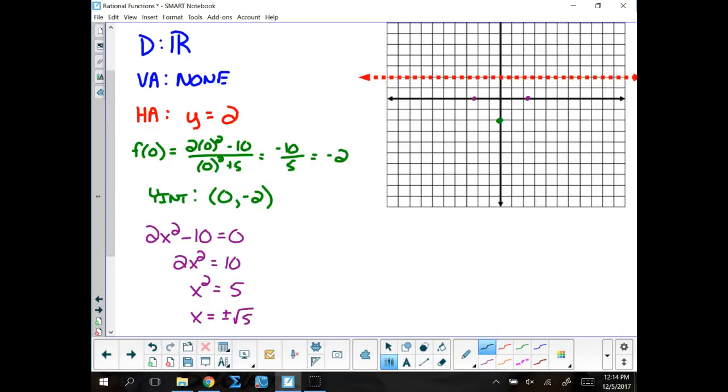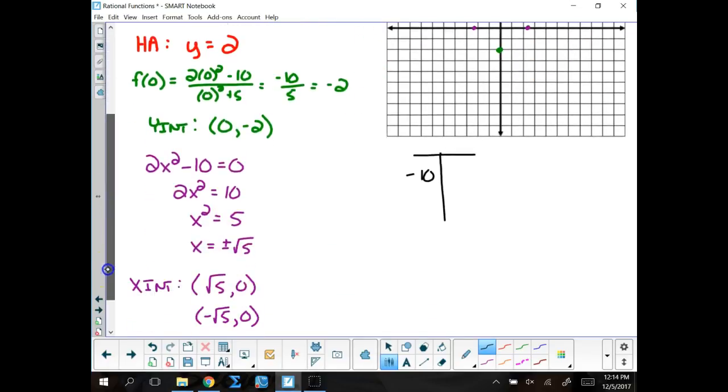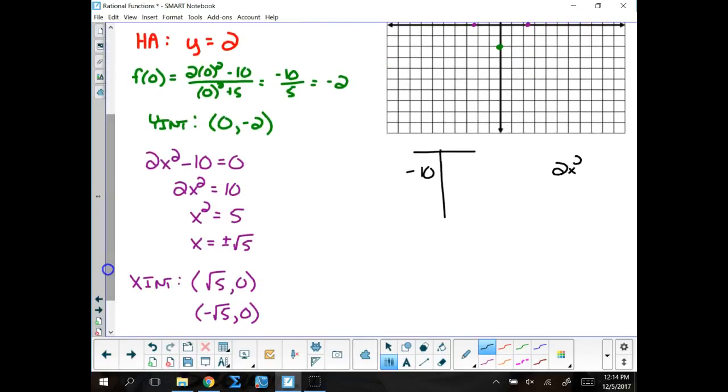Then I'd probably want to try 10. So that's going to be, let me just write it down here, 2x squared minus 10 all over x squared plus 5. So that's going to be 200 minus 10 is 190 over 105. Which is more than 1, but less than 2, right?